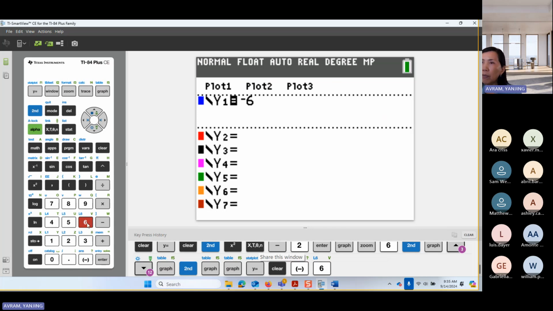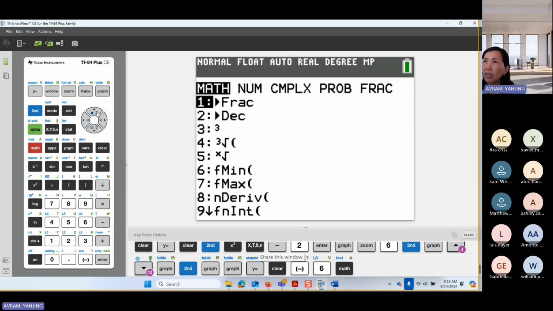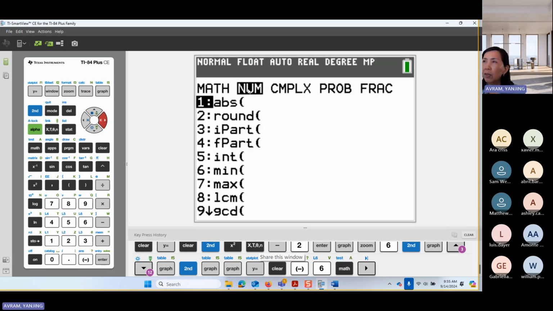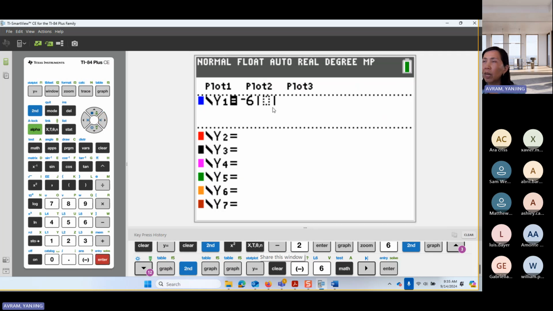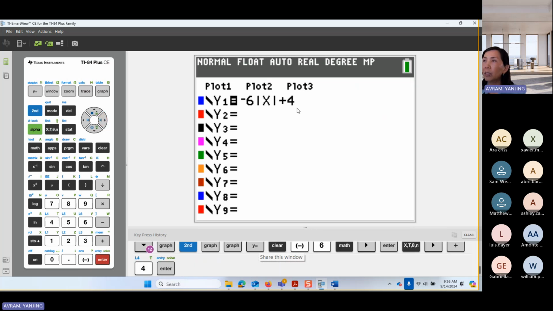Where do I find the absolute value for x? You go to math, and then to number, and the abs is the absolute value. So now I have an absolute value of x, right? And then we have to move out and then plus 4.